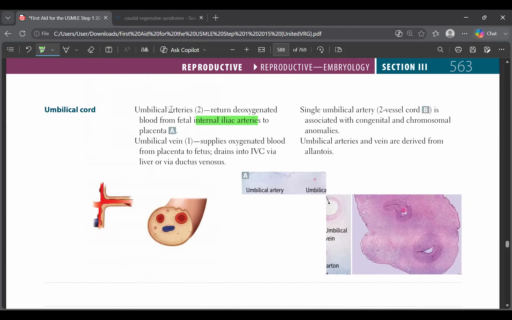So yeah, it returns the deoxygenated blood, fetal internal iliac to the placenta, and the umbilical vein, which is one in number, supplies oxygenated blood from the placenta to the fetus, and it drains into the inferior vena cava via the liver or via the ductus venosus. Single umbilical artery in the umbilical cord is associated with congenital and chromosomal anomalies, and umbilical arteries and veins are derived from allantois.